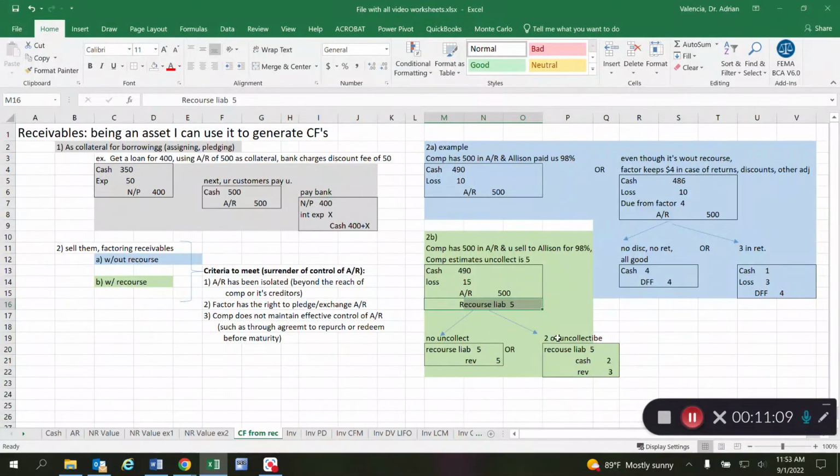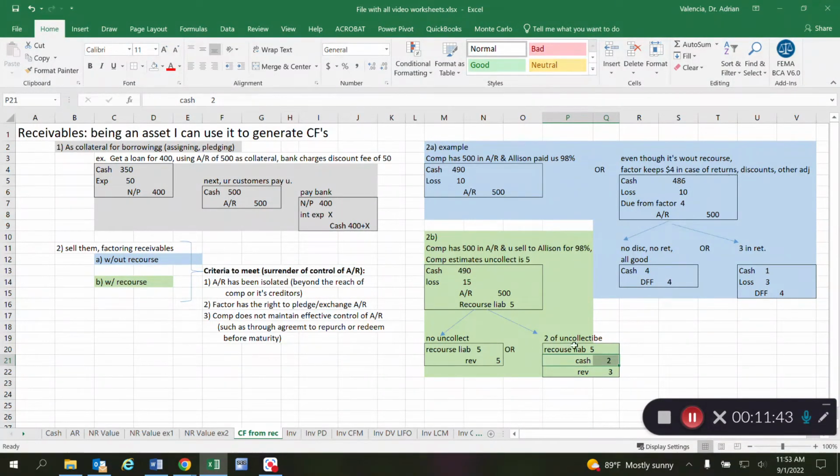If it's $2 that is uncollectible, in other words, Allison received $498 of the total 500 receivables, and Allison contacts us and tells us that they never collected $2 from an accounts receivable, in that case we have to send Allison that $2, and that's what this reduction of cash right here of $2 is. Because remember, we guaranteed the receivables. It was the sale with recourse.